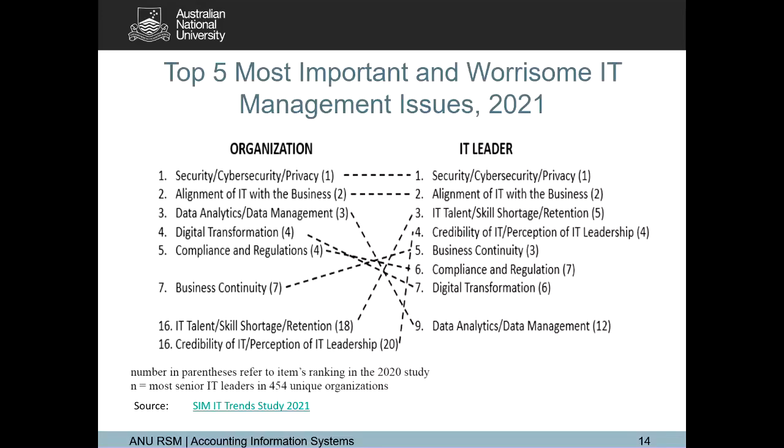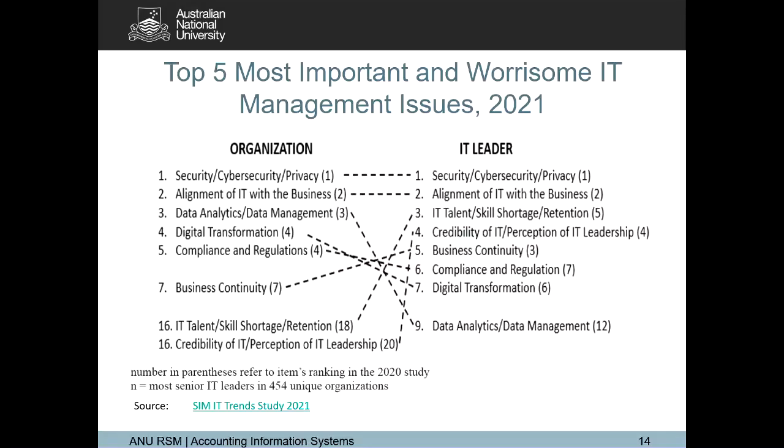We're going to see how IT leaders and organizations see the importance of all these requirements. You see that IT leaders think that security should be number 1, and the organization agrees with that, and alignment of IT with business has also been a top concern. But IT leaders think that talent is necessary, so that they can have better security and privacy mechanisms and alignment of IT and business.